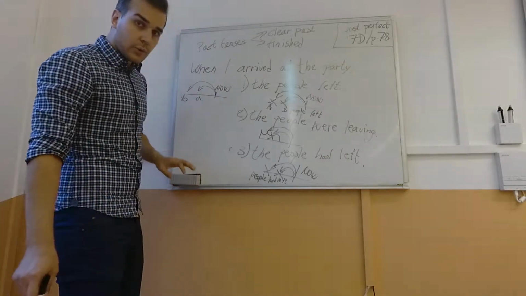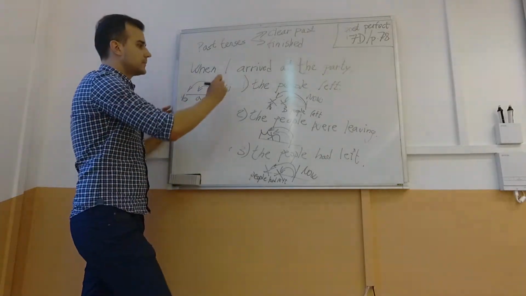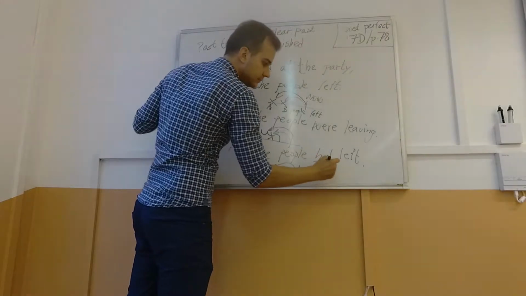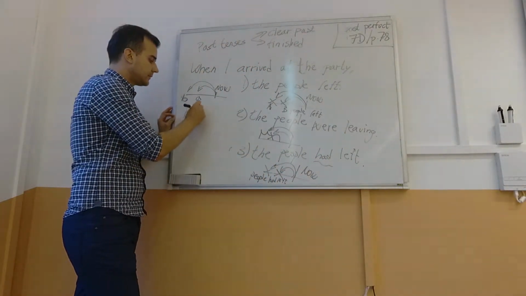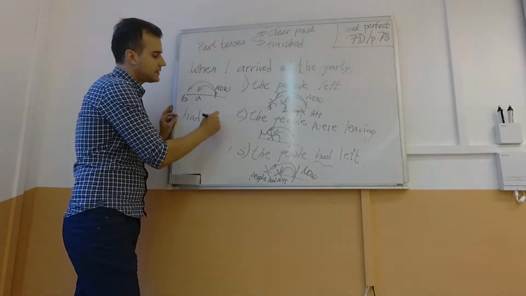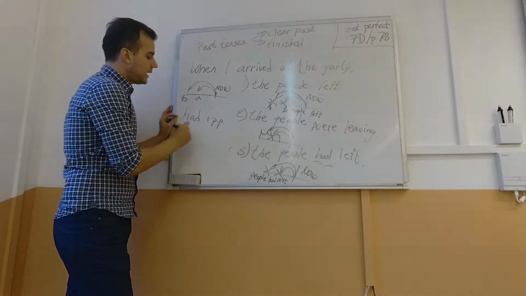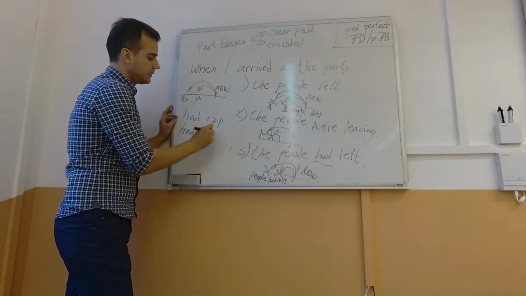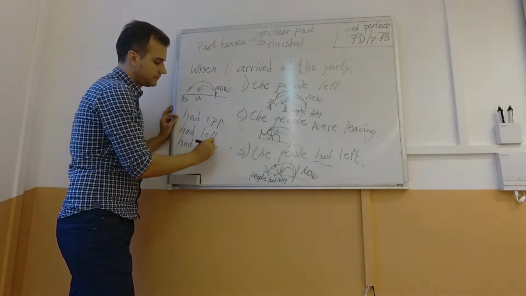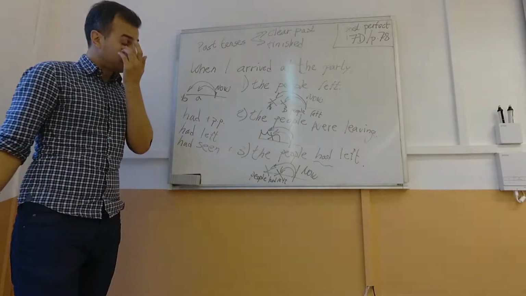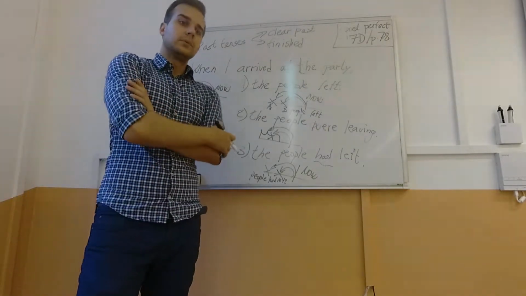Let's see how we make the form. So, as we can already see here, we use the verb had, right? And then the past participle. So, had left, right? Had seen. Okay? Let me give you some examples.